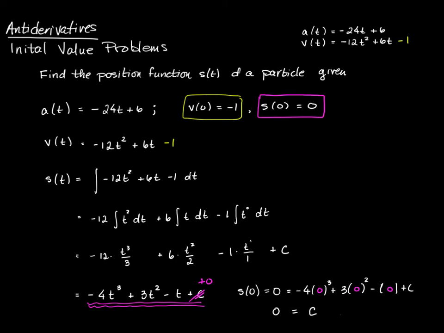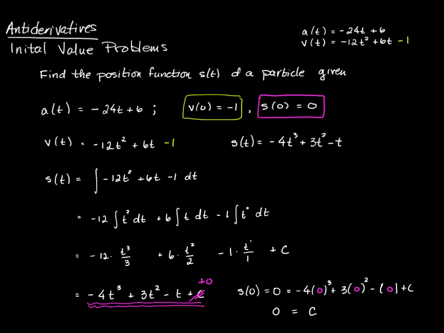I'll put my position function here. s of t equals negative 4t cubed plus 3t squared minus t. I can write plus 0, but I certainly don't need to. The thing to be aware of is that in this case, I know c is 0. I haven't forgotten to write plus c. I've actually calculated what c is, and it happens to be 0.